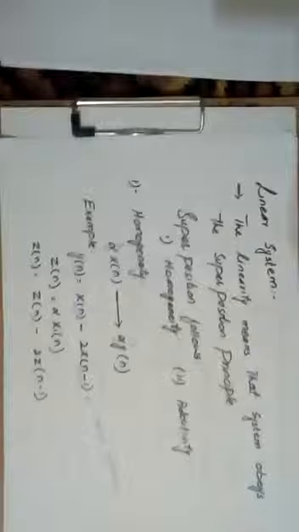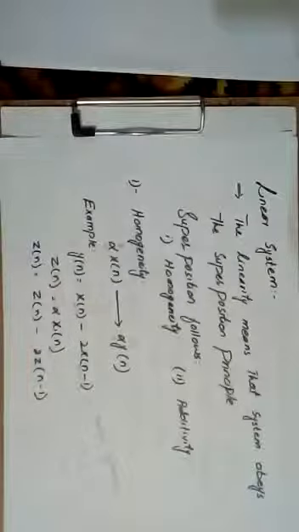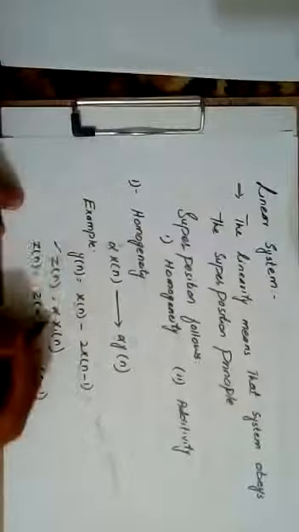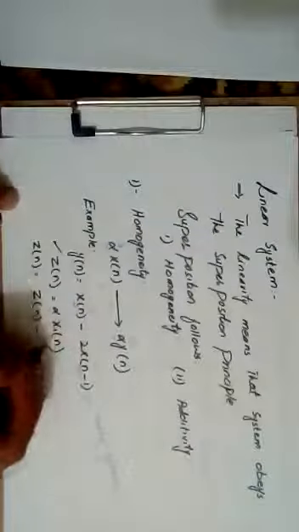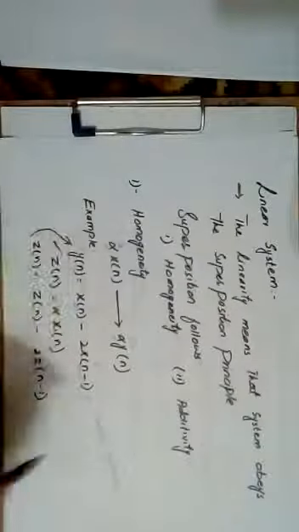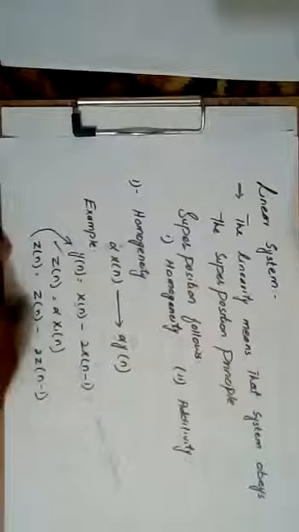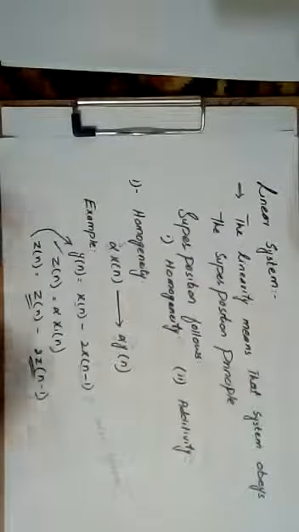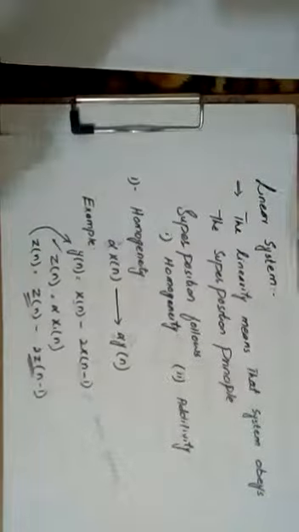In case of linearity, let z of n be equal to alpha into x1 of n, and if z of n passes through the system, then it becomes z of n minus 2 into z of n minus 1.